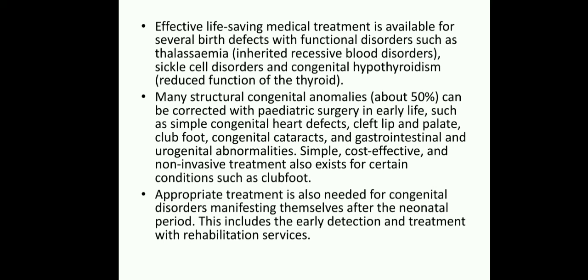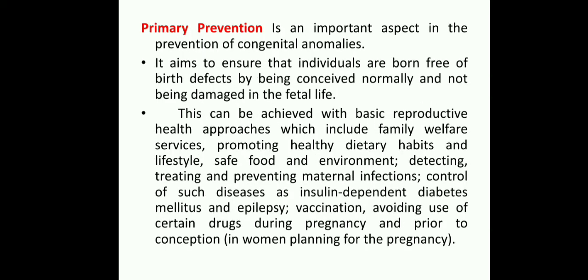And appropriate treatment is also needed for congenital disorders manifesting themselves after the neonatal period. This includes early detection and then treatment and rehabilitation services. Okay, that is about medical management. And here the management is divided into primary prevention, secondary prevention, and tertiary prevention.